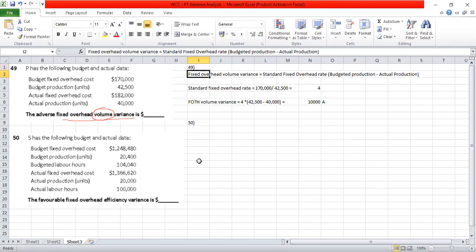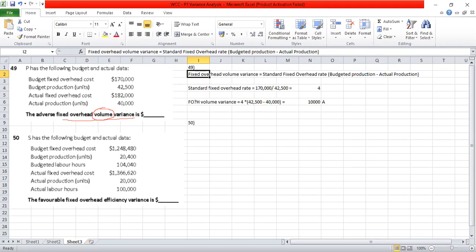Okay, so the 50th question is saying, find out the favorable fixed overhead efficiency variance. So let's start. What are the details given? The details given are budgeted fixed overhead cost, budgeted production, budgeted labor hours, actual fixed overhead cost, actual production units, and actual labor hours.